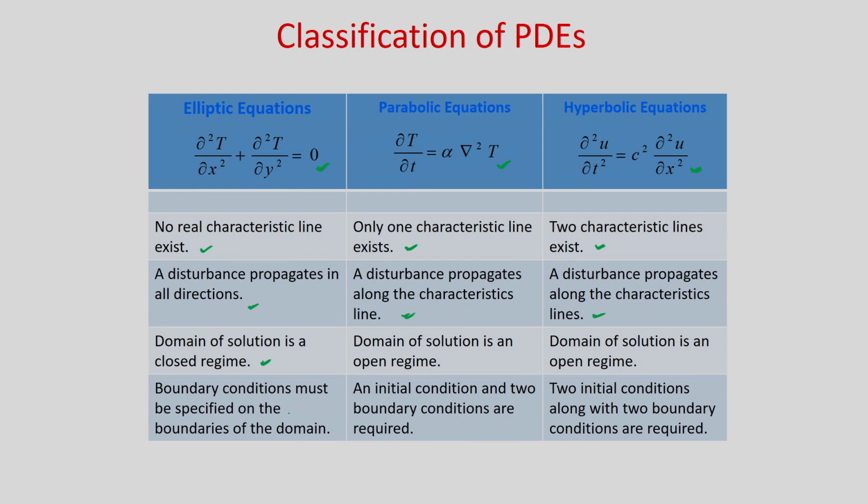For the elliptic equation, boundary conditions must be specified on the boundaries of the domain. For the parabolic equation an initial condition and two boundary conditions are required, but for the hyperbolic equation two initial conditions along with two boundary conditions are required.